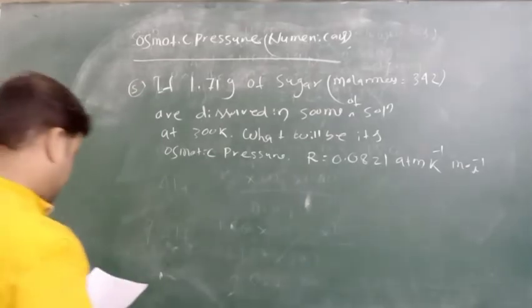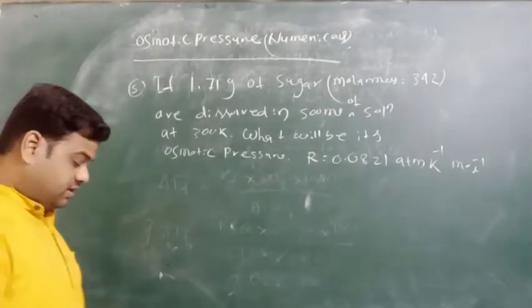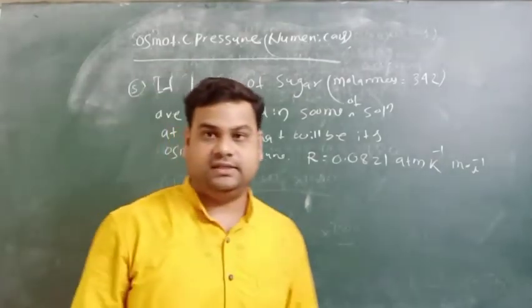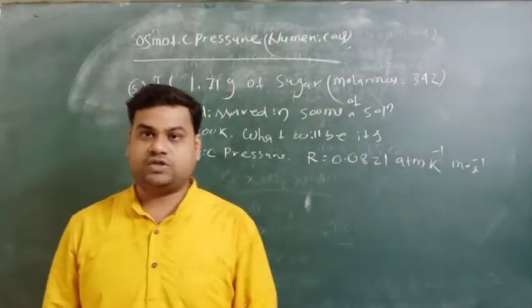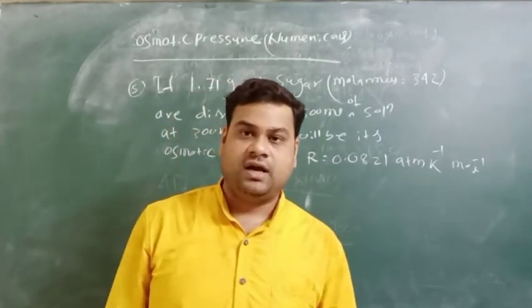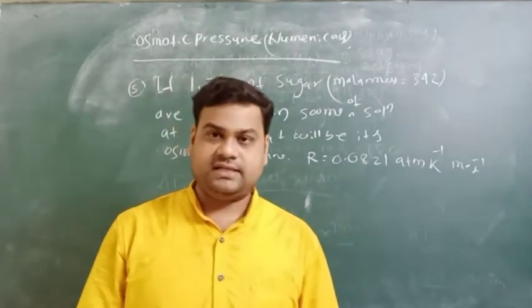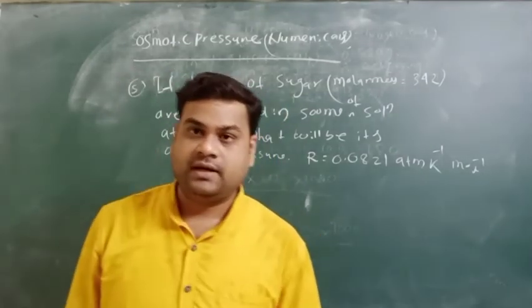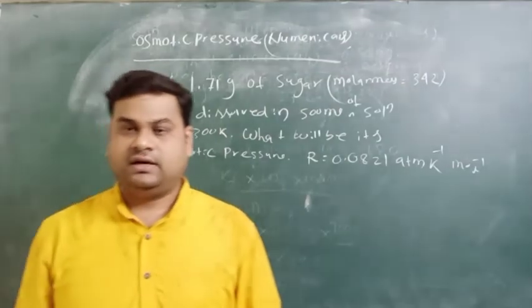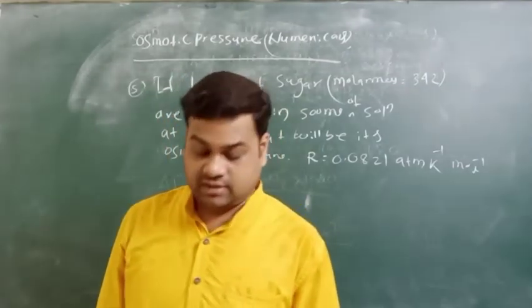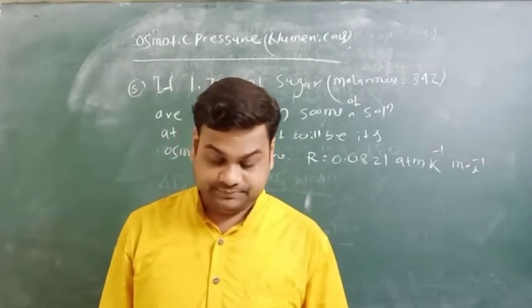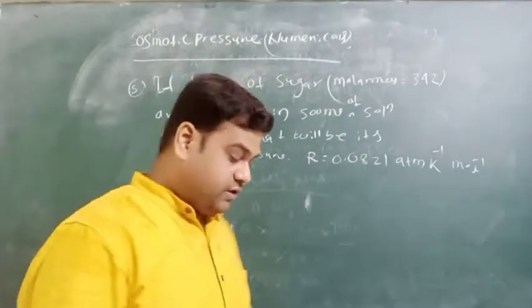We know that according to Van 't Hoff's equation, pi equal to CRT. Pi is the osmotic pressure, equal to concentration into the gas constant and temperature. We know that C equal to n by V, where n is the number of moles and V is the volume of the solution.